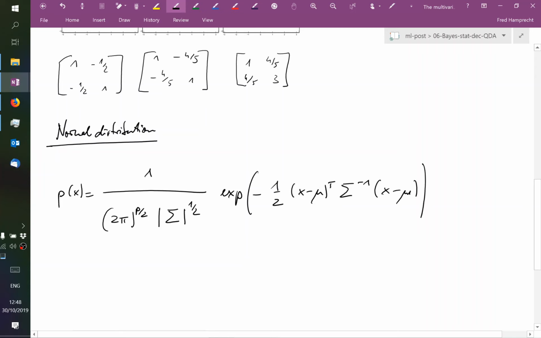Yeah, where mu is the mean, so where is our Gaussian centered, and this is the inverse covariance matrix, which is also called the precision matrix.